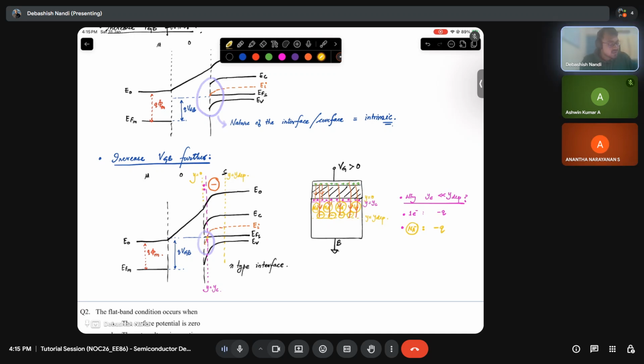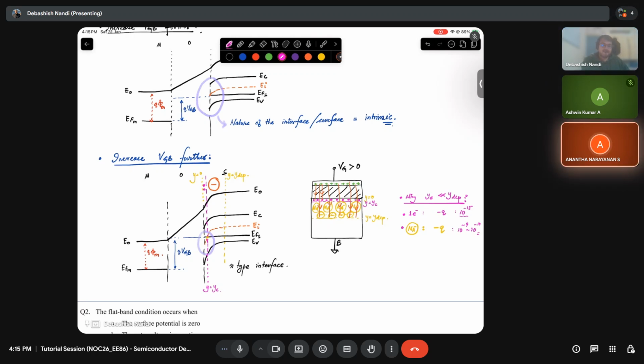So that means what? What is the size of the electron? It will be in the Fermi meter ranges, 10 raised to minus 15 kind of range, right? And what is the size of the boron atom? Let's say 10 raised to minus 9, 10 raised to minus 10, in this kind of region, right?